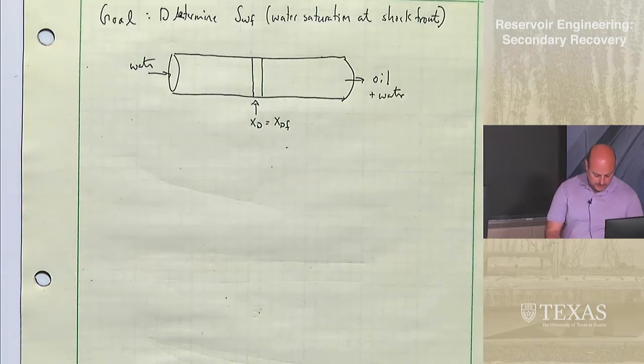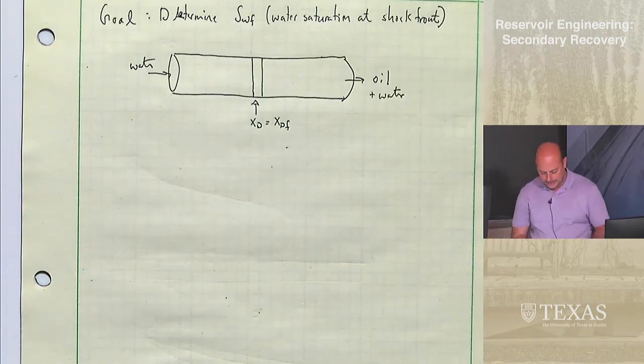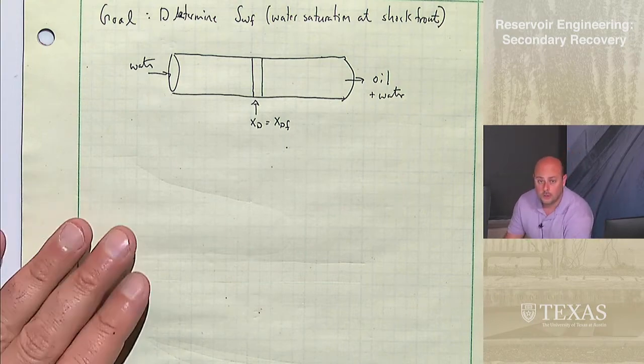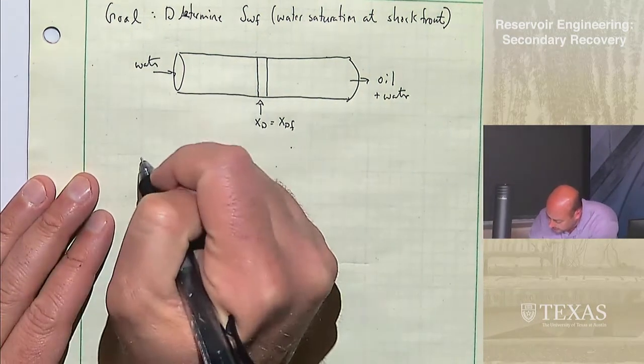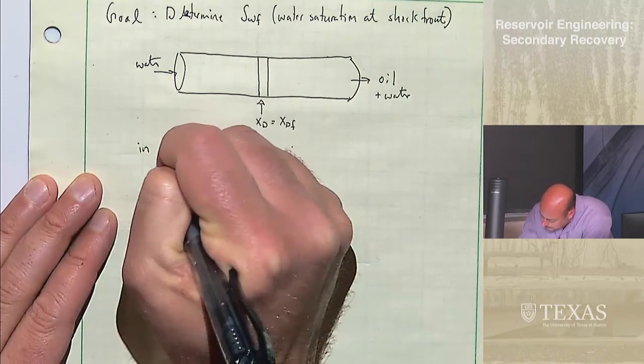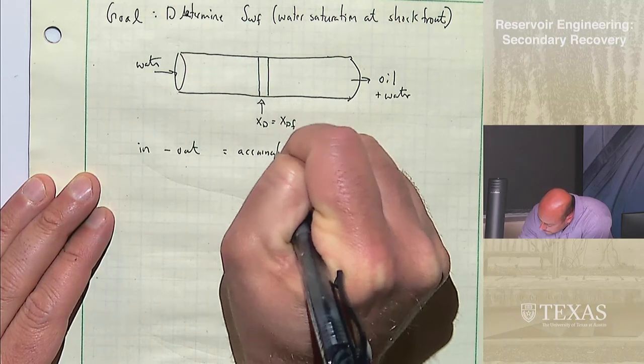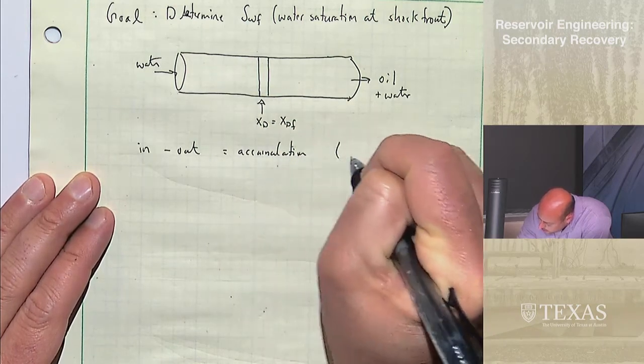So we can write a mass balance here at that position. We did the mass balance earlier, but I'll revisit that. We know that in minus out is equal to accumulation, and this is a water balance.